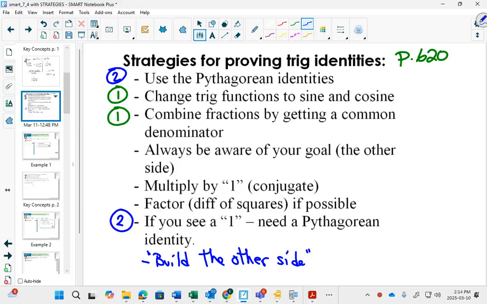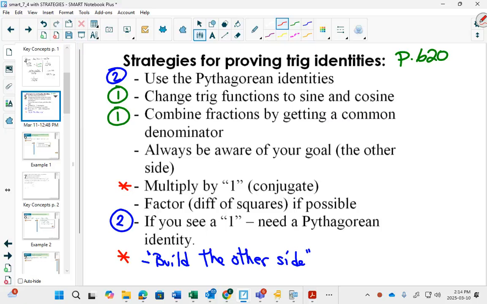Then what we just saw, build the other side, is the same as multiplying by the conjugate. It's the same thing, but one uses a word that you forget. What is a conjugate in math?